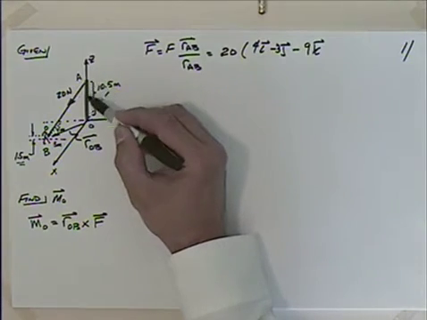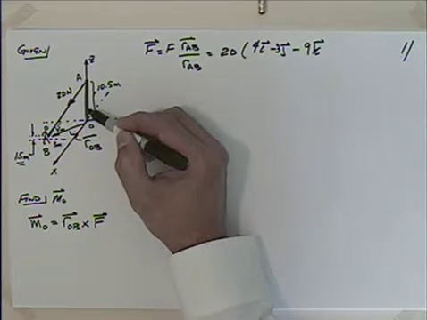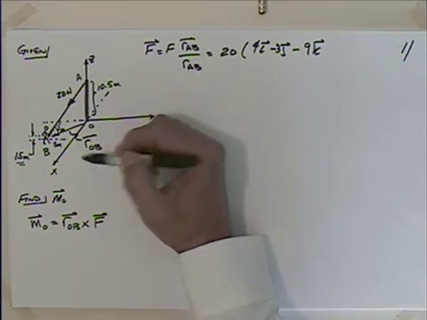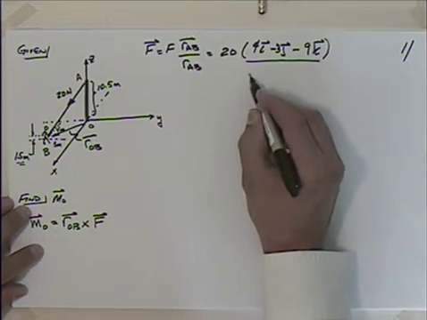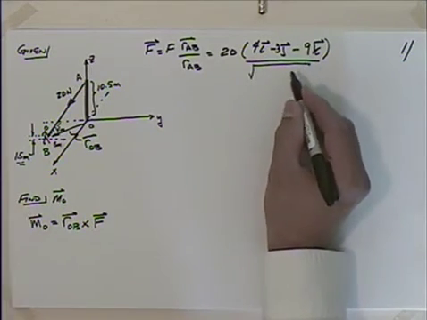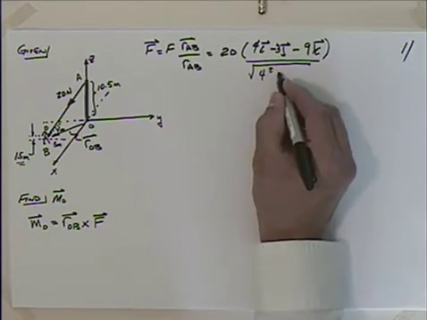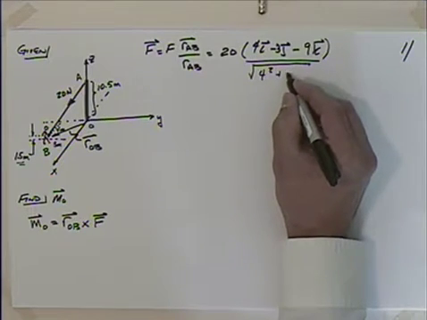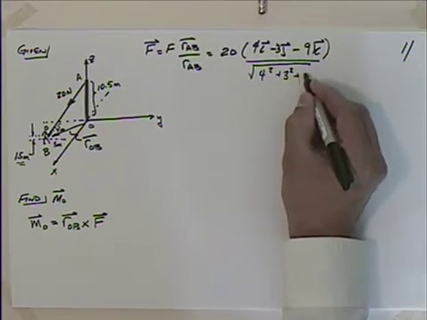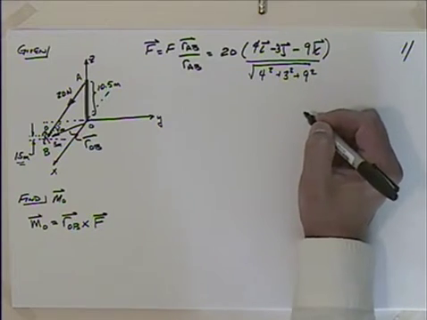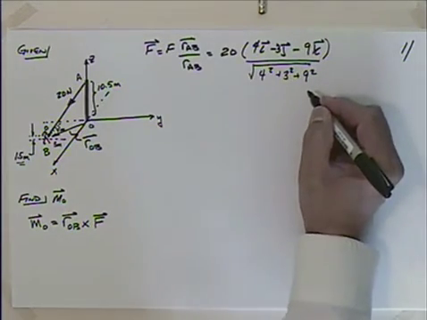So does that make sense? We come down here, minus 9, then we have to go minus 3, and then we have to go out 4. Hopefully that works out. So we then divide this by the square root of 4 squared plus minus 3 squared, which we'll just say 3 since the negative goes away, plus 9 squared because the negative would go away there.